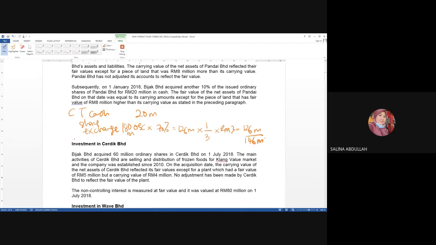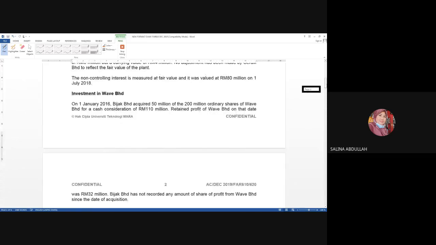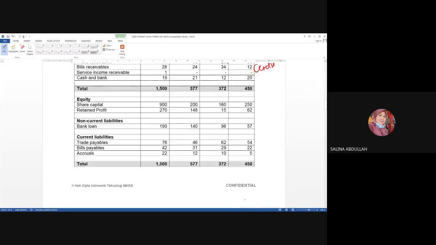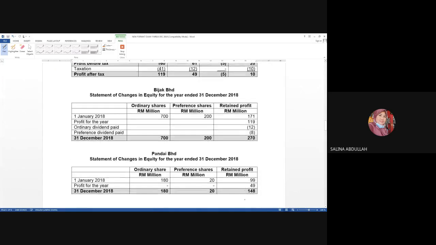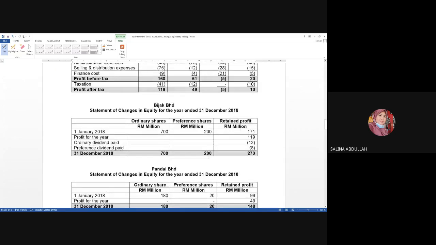Remember, after that, you have to determine how much is the fair value of net asset of subsidiary. In this question, what do we have? We have ordinary share capital, retained profit, as well as ARR. You can see here we have ARR of 8 million. Ordinary share capital, as you can see in the statement of changes in equity of S1, is 180.